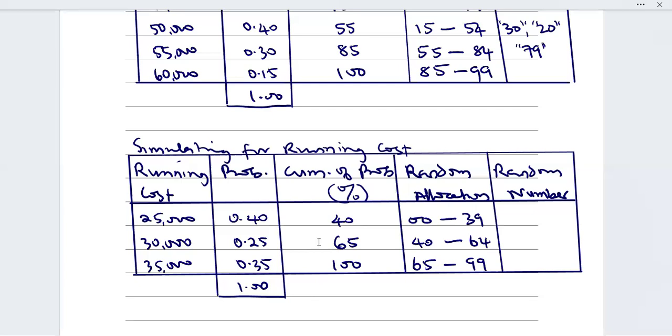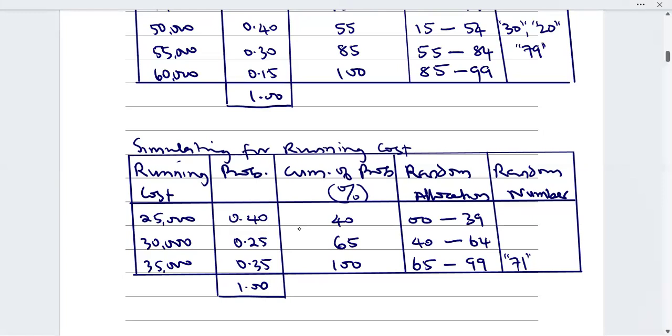I will then go to the random numbers given for running costs. 71 is the first one for set 1. So I will look at the random allocation where 71 lies. 71 lies in the last row. This is 71. The next one is 00.